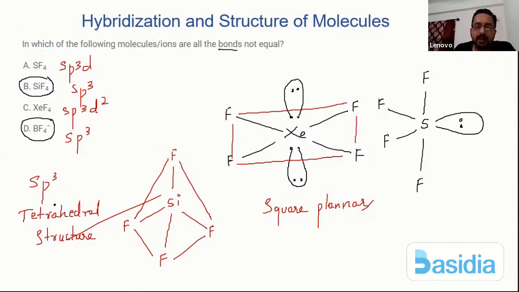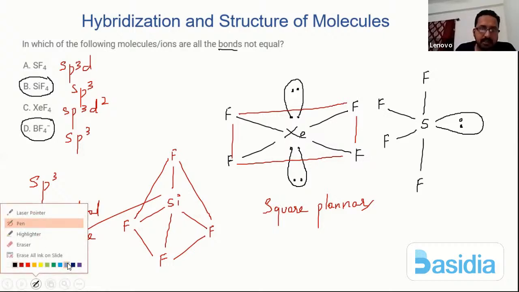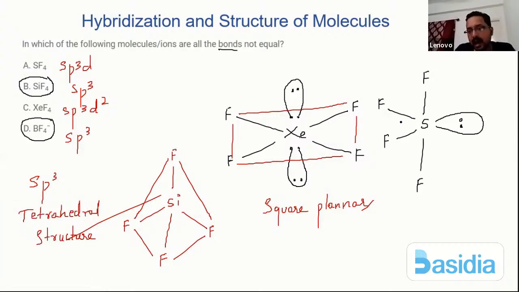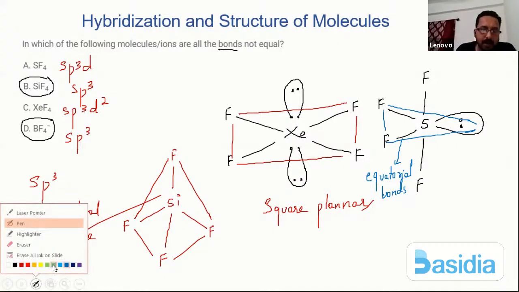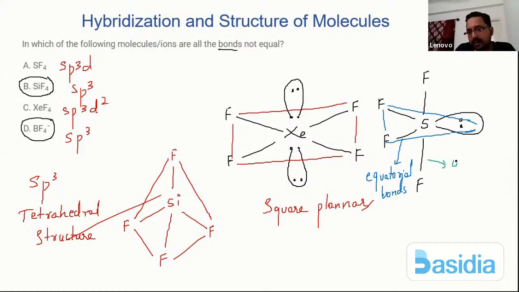So what do I understand in the SF4 structure? In the center, these are which kind of bonds? I think I've already explained to you. These are your equatorial bonds, correct? On top and at the bottom, you will find axial bonds.